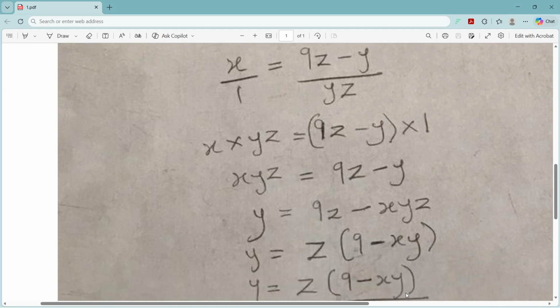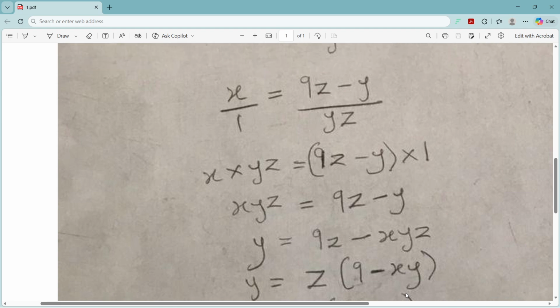So we simplify. Because we want to make z the subject of the relation, we have to make z an independent variable. Now z is dependent on the variable, or in brackets, 9 minus xy.